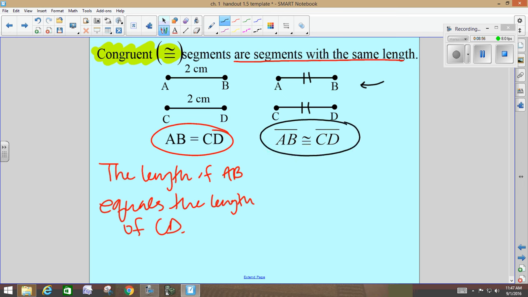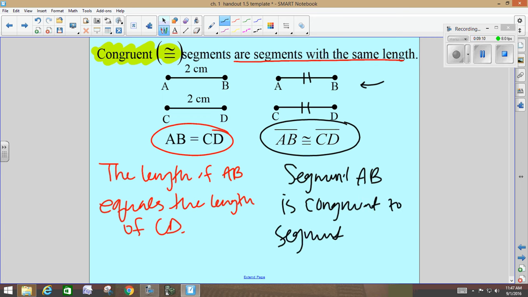This sentence would be read, segment AB is congruent to, I guess I'll write it one time, segment CD. Okay. Length when there's no symbol, segment when there's a symbol over it. Capiche?